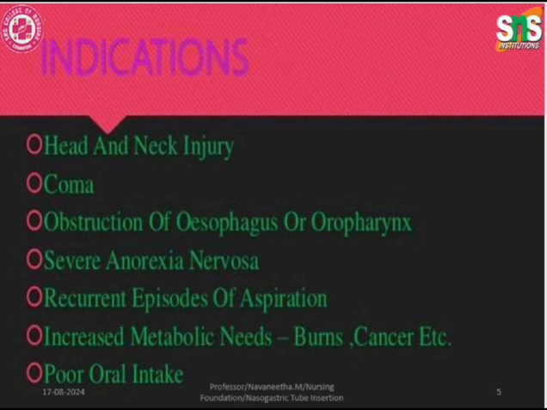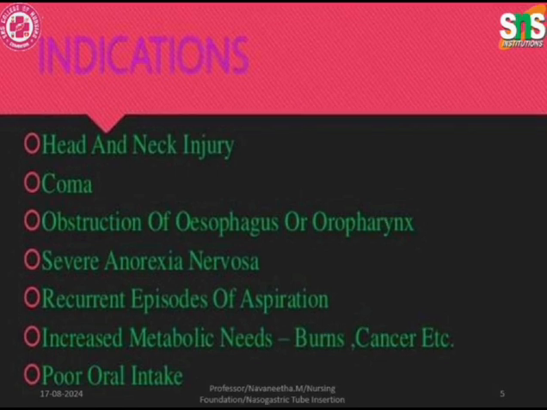And coma patients, definitely a coma patient can't take food by mouth. The next one is obstruction of the esophagus or oropharynx. There may be cancers, or infections, any pharyngitis or laryngitis. For these types of problems we will go ahead with NG tube feeding.